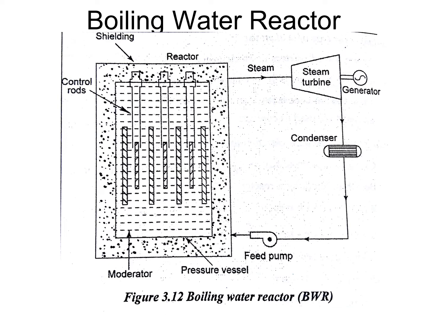After expanding in the steam turbine, it will go to the condenser and return to the reactor as feed water. Before entering the reactor, the feed water will be preheated using the economizer and supplied to the reactor. So this is the construction feature of the boiling water reactor.